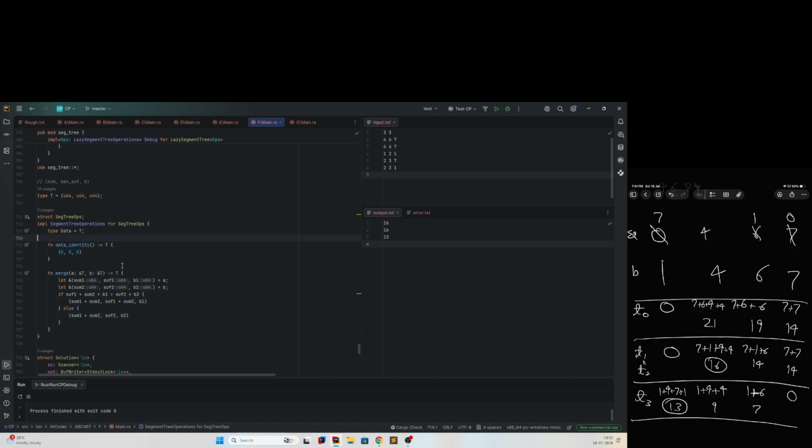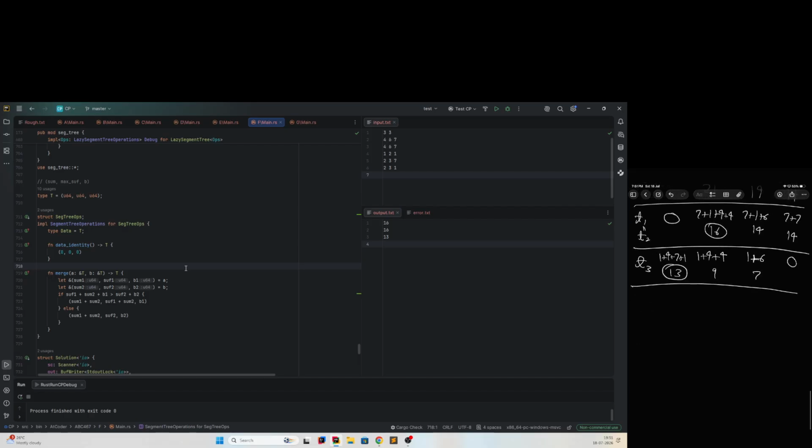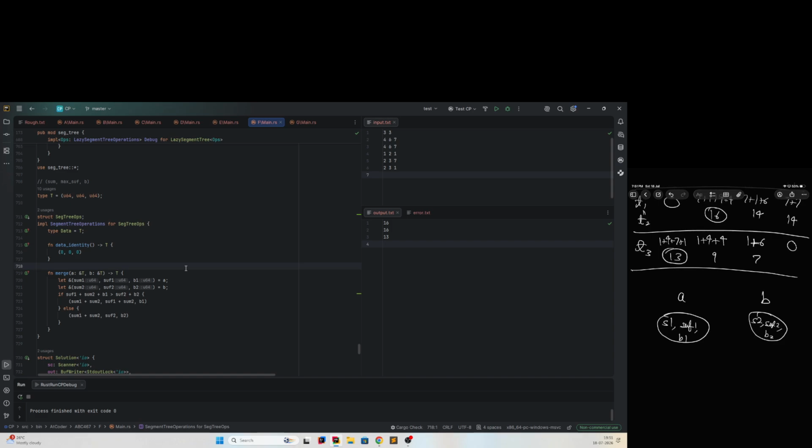So yeah, and if we see the merge idea, like if we have the left part and the right part of the segment tree, this is A, this is B. Here we have sum 1, suffix 1 and B1. Here we have sum 2, suffix 2 and B2. So the suffix part for A is going to be, like if this was the suffix for A, now the suffix is going to be sum 2 plus suffix 1.